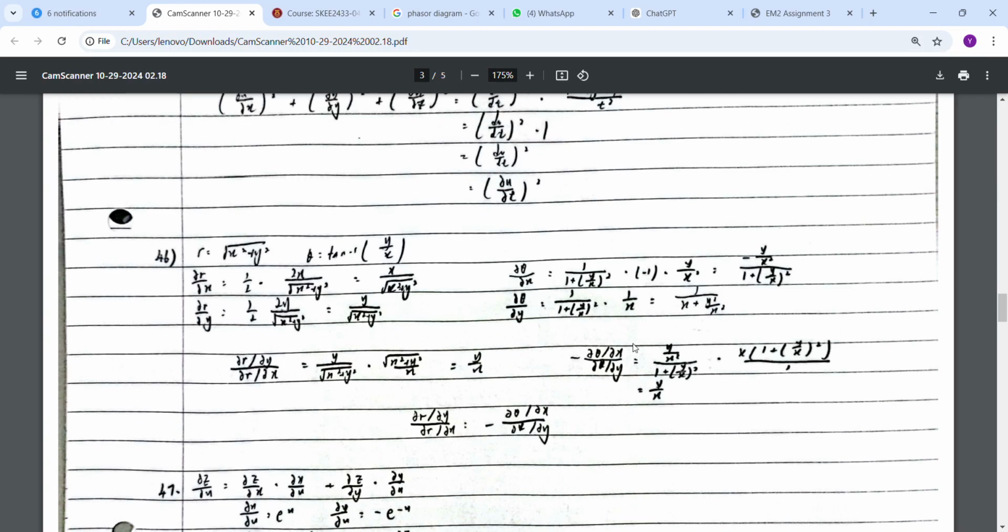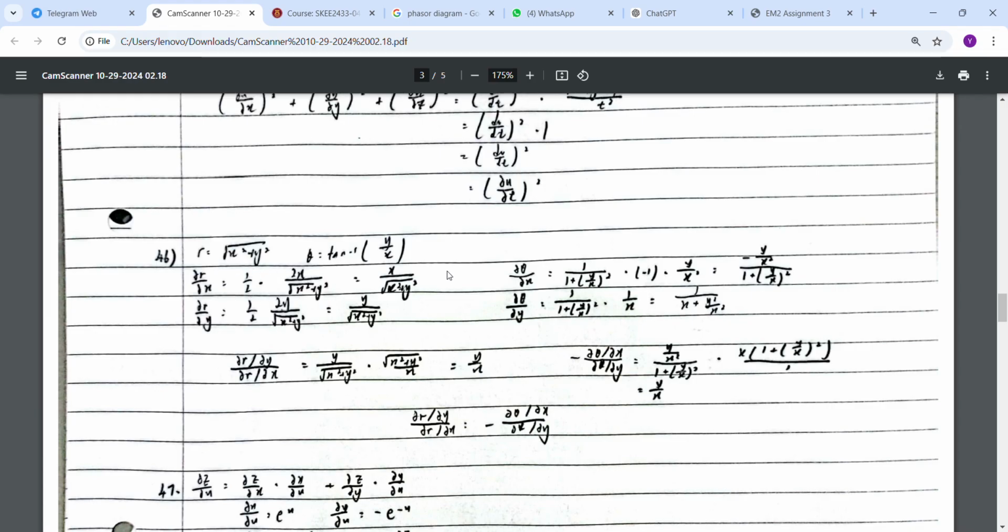For question 46, we are required to find ∂r/∂x, ∂r/∂y, and ∂θ/∂x, ∂θ/∂y. We have already been given r equal to the square root of x squared plus y squared, so we can find the derivatives for all the requirements of the question.